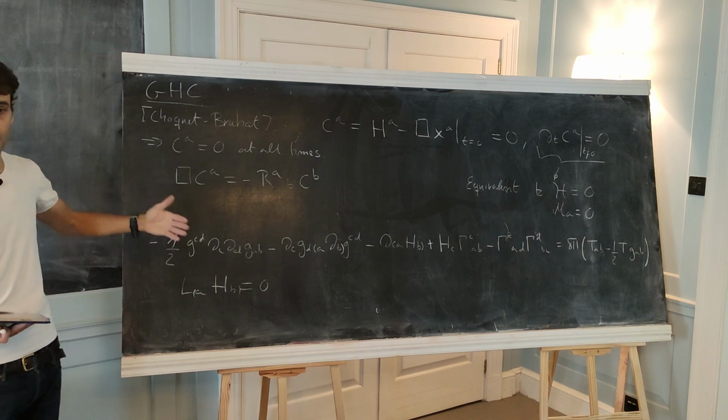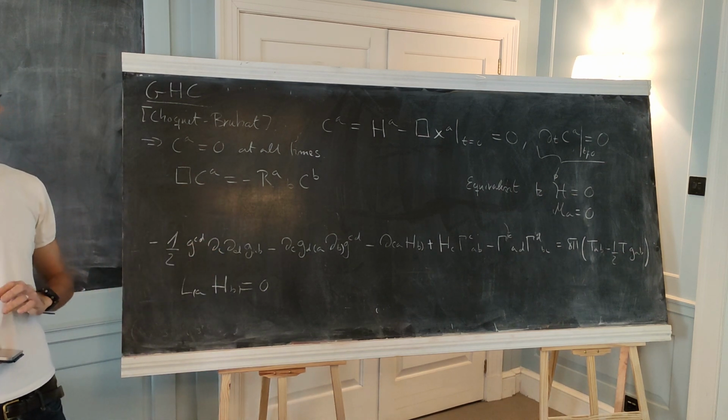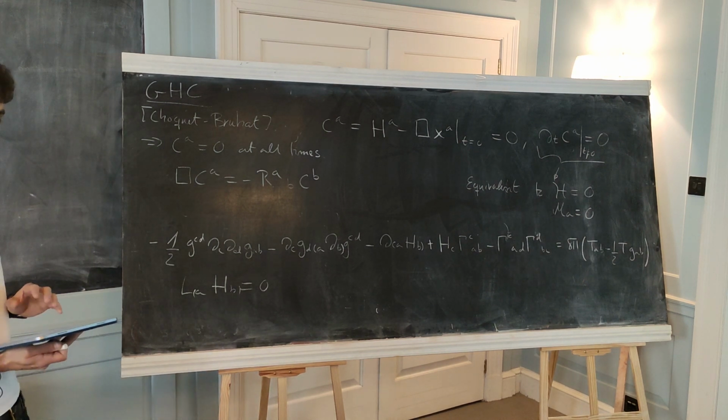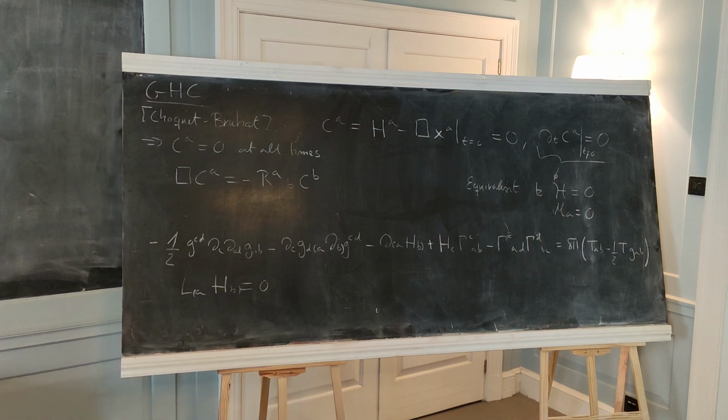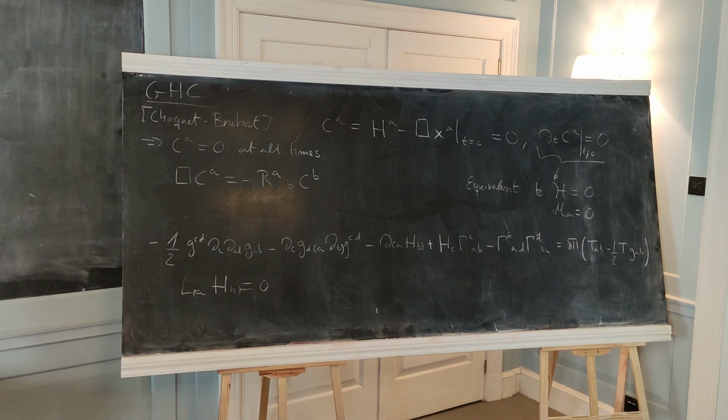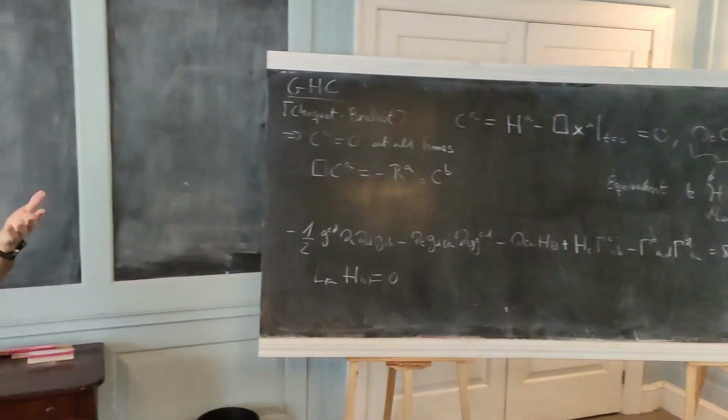It means that as part of your evolution scheme, you have to locate apparent horizons, which is a relatively easy thing to do, and then you need to excise the interior of black holes. That's conceptually straightforward, but computationally it's not so straightforward. Okay, but that's one of the caveats of this implementation. And we will see that with ADM type formulations, you can choose coordinates such that they do not break down in the interior of black holes. So that's an advantage.